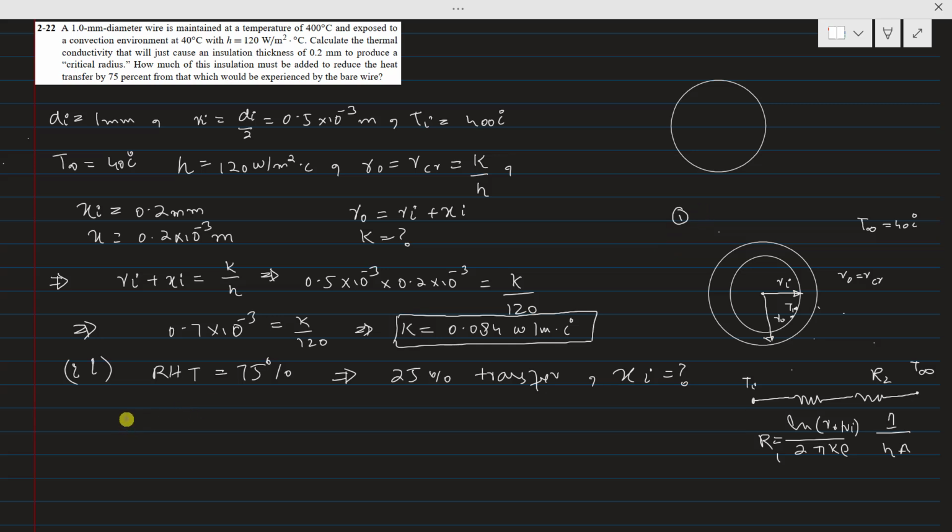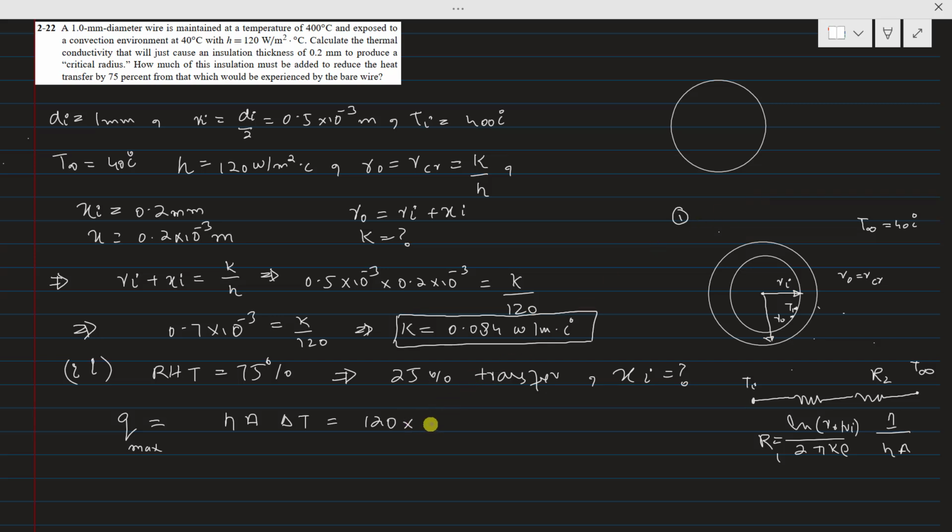Okay, so the maximum heat transfer that can happen from this bare wire, that is convection heat transfer, is equal to h A and temperature difference. So what is h? That is 120. And what is the surface area of this bare wire? There is no insulation provided, so the maximum heat transfer occurs.